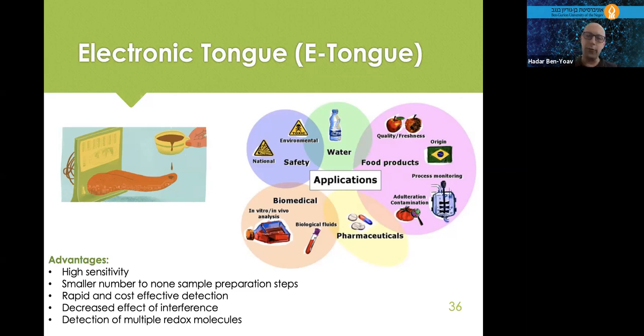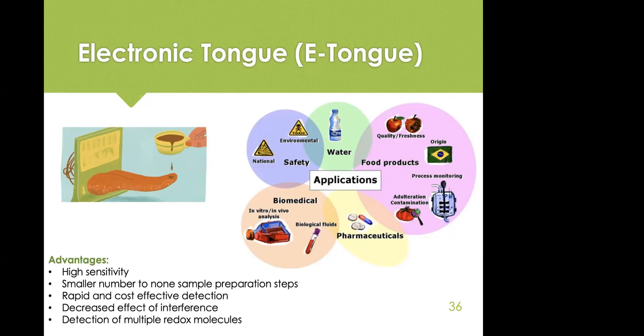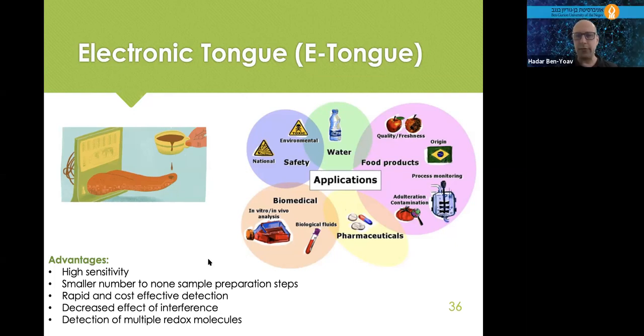You know, we can train algorithms to know the taste of the food. We can use models to analyze pharmaceuticals, to find the actual concentration of the pharmaceuticals in our drugs, or use that in the biomedical field to analyze biological fluids and recognize specific medical conditions.